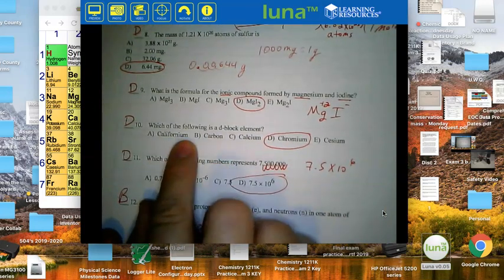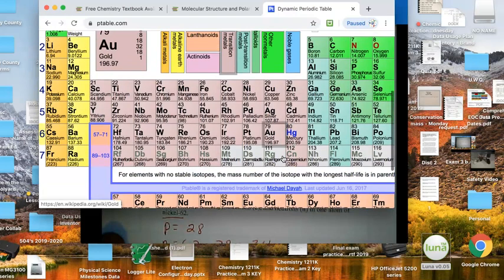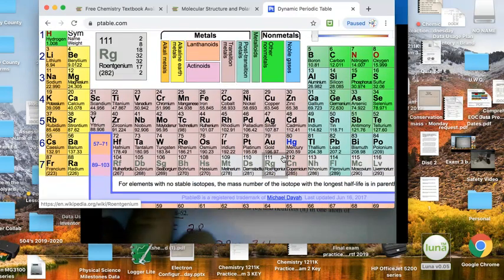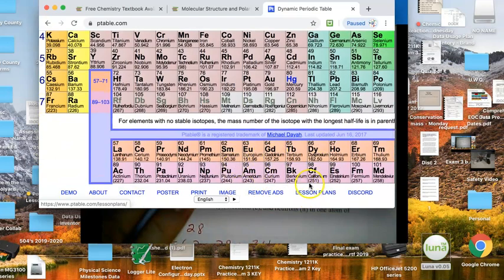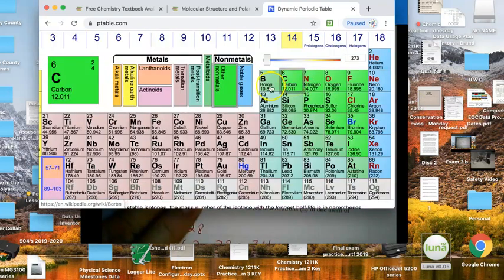Number 10, which of the following is a D block element? If you look at the D block, this light pink area here, our answer choices are californium, which is down here, so that's not D block. Carbon, which is right here, is in the P block.